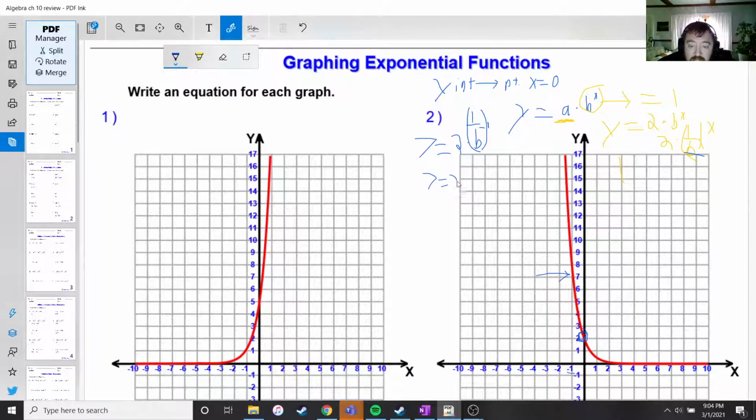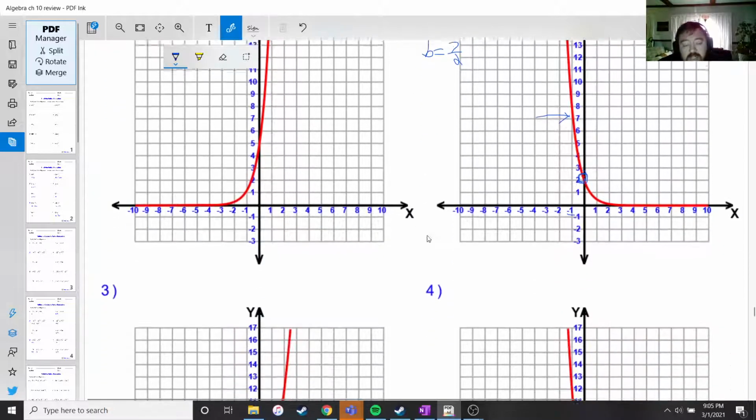So 7 is equal to 2 times b to the first power, divided by 2. So b is equal to 7 over 2. And so, I mean, that's how you could do it.